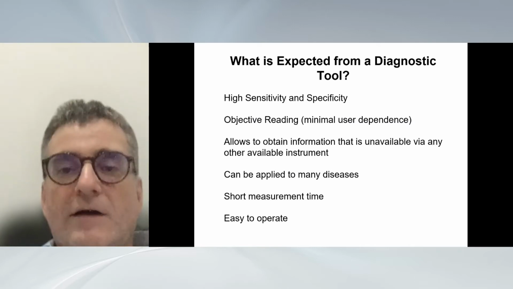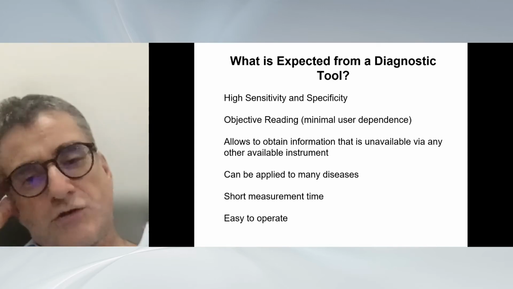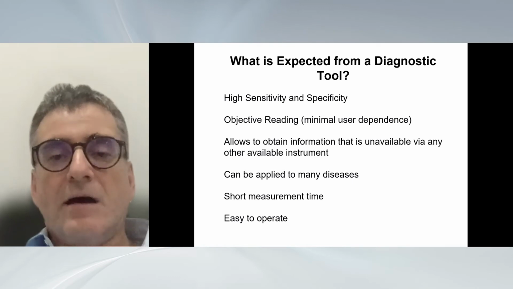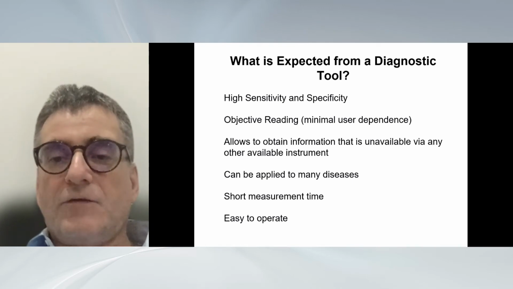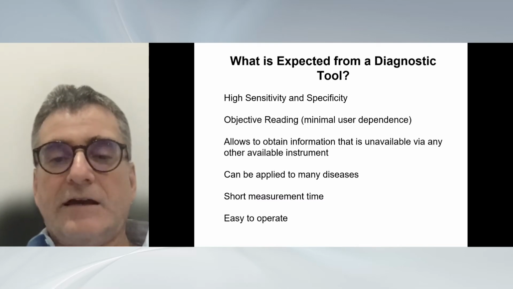Okay, so generally, what do we expect from a diagnostic tool? When is a diagnostic tool useful? It needs to provide high sensitivity and specificity. It should provide objective reading with minimal user dependence. It should allow to obtain information that is unavailable via any other available instruments. It should be applicable to many diseases.